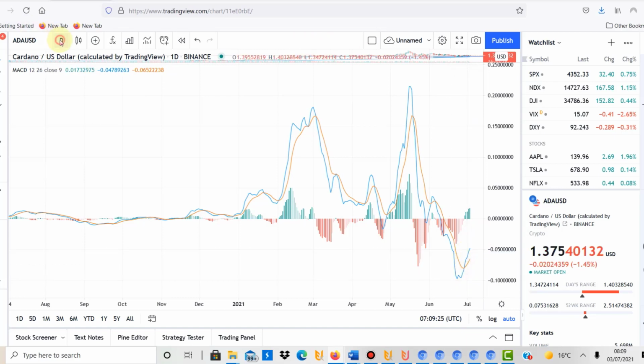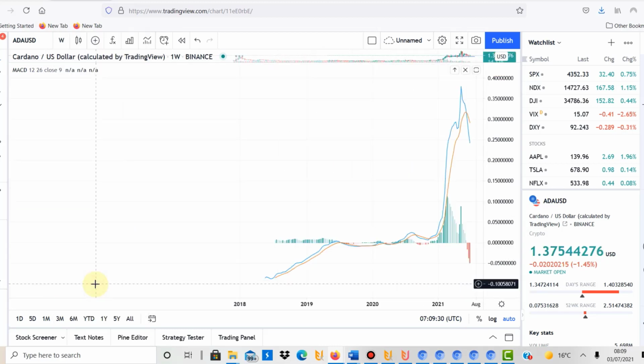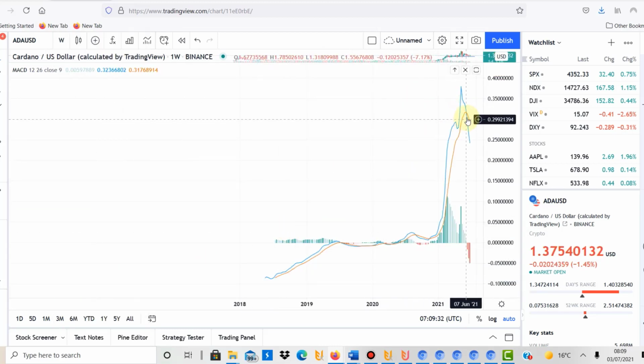But if we go back to the weekly, let's take a look at that, because on the weekly it has had a bearish crossover, which was the middle of June. So this indicates a downtrend, at least in the short term.